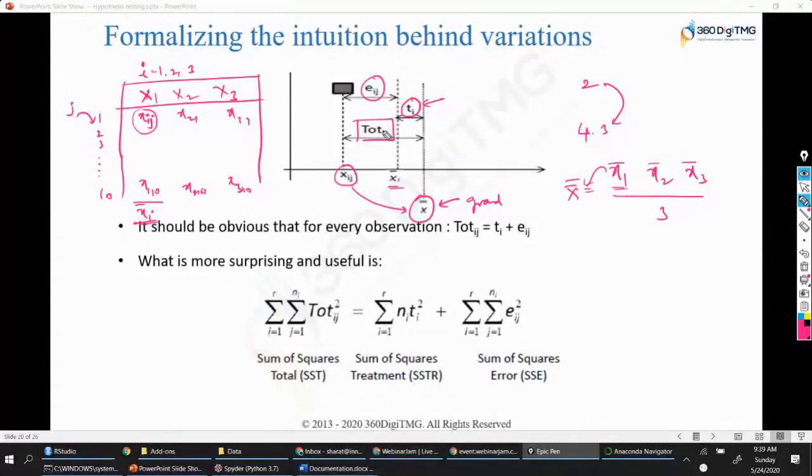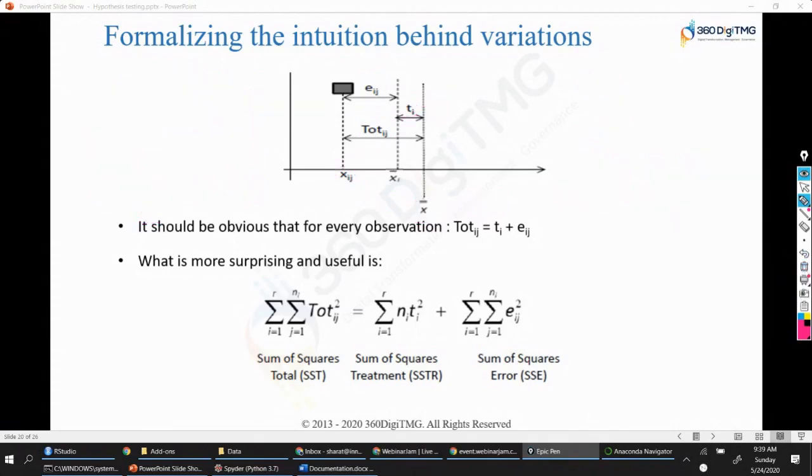That is toti. So we are marking all the differences in this diagram. And if you see, the total deviation, totij, would be equal to eij plus ti, isn't it? So you can say this is your equation.